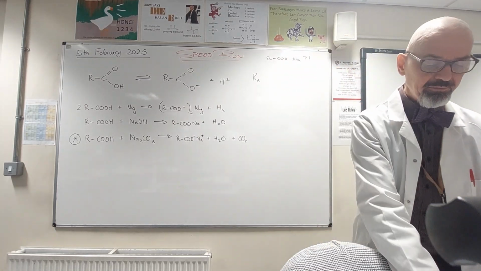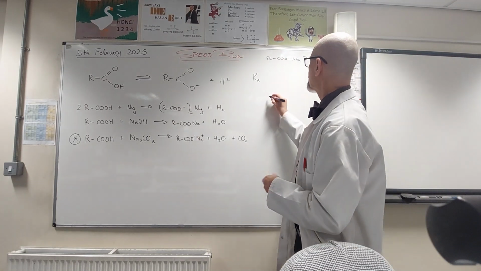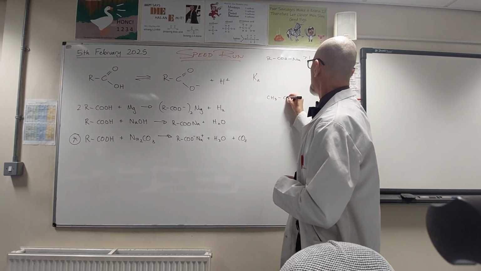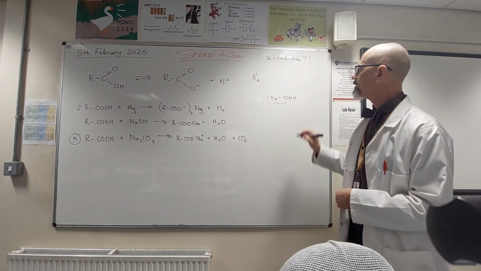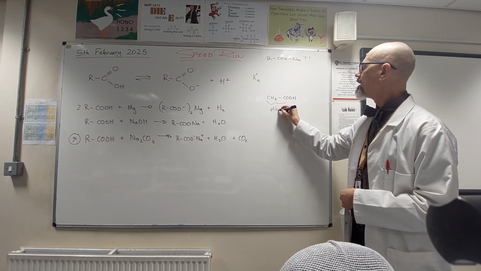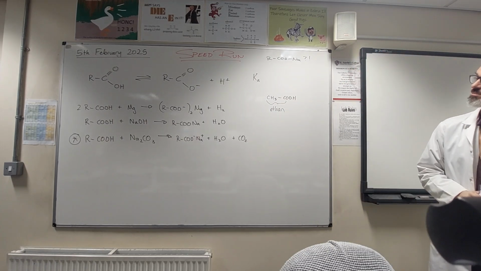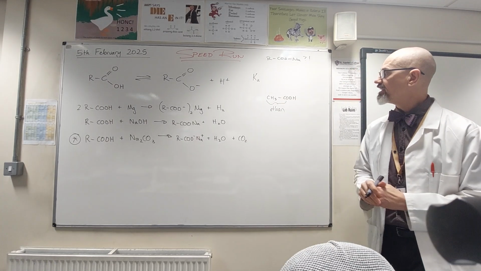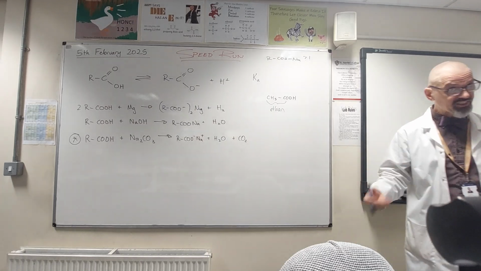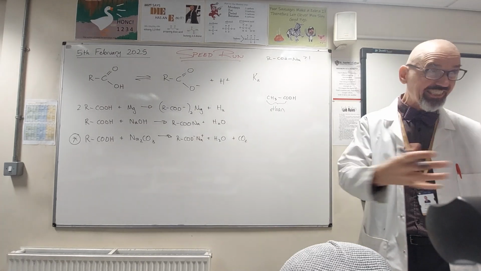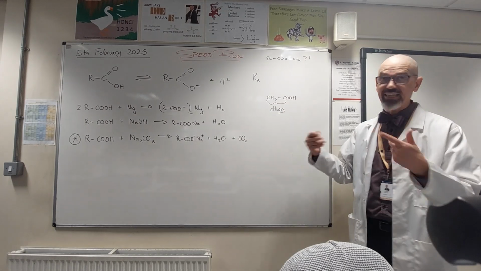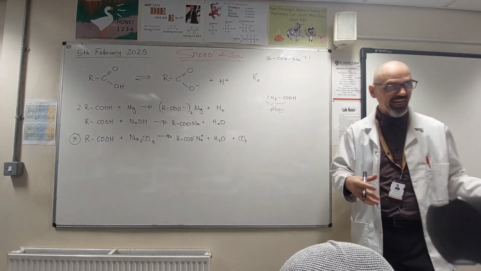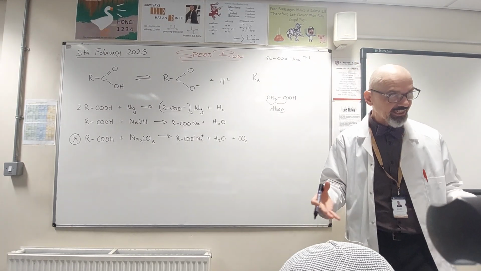A bit of naming. Just remember when you're naming that we need to include both carbons there, and we name all carboxylic acids and carboxylic acid derivatives as propan, ethan, butan, methan, whatever it is.